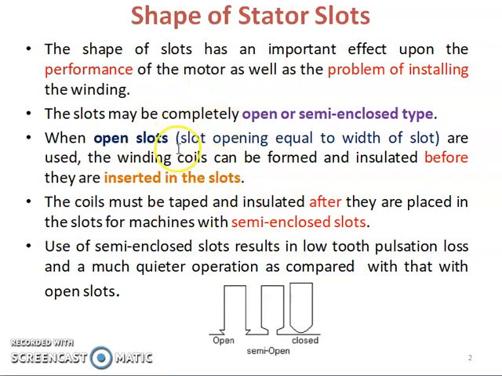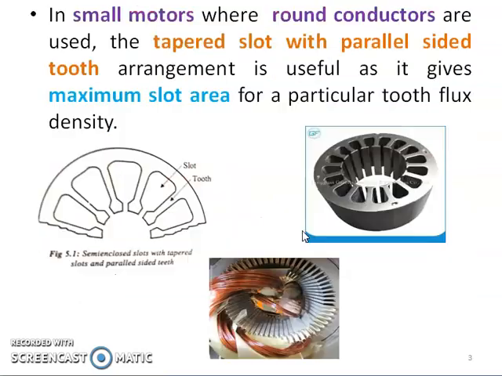In an open slot, outside the machine, winding coils are formed, insulated, then dropped into the slots. In a semi-enclosed slot, taping and insulation is done only after they are put into the slots.